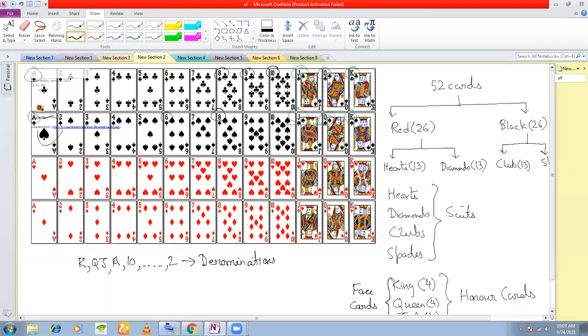So if I say the king of hearts, which one should you choose? You will choose this card here. This is the king of hearts. If I say the six of spades, which card will you choose? You are going to choose this card, six of spades, right? And so on. So that is what you need to know about cards.